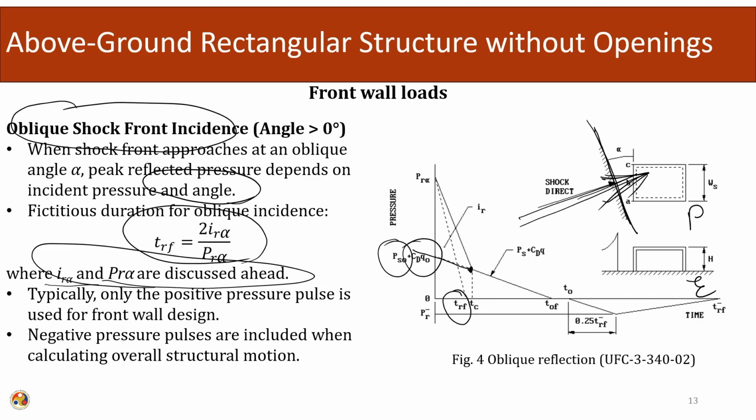Similarly, the negative phase is constructed, and there is a gap between the positive phase and the negative phase. The negative pressure phase is included when we are calculating the overall structural motion.